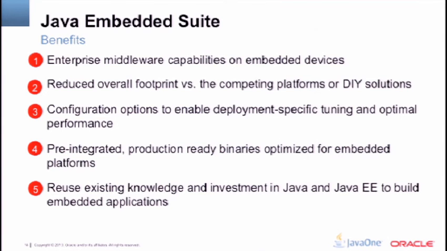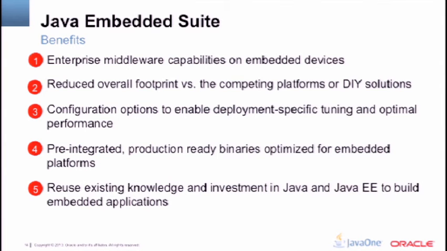What we do at JES is optimize it all together so that we remove a lot of extra components that you may not need, to make sure it is in a compact footprint. We enable configuration options to do deployment-specific tuning and performance. And we have tested binaries for ARM platforms and x86 platforms that you can just deploy on developer boards like Raspberry Pi or BeagleBones or anything else. We'll show you one running on Raspberry Pi today.